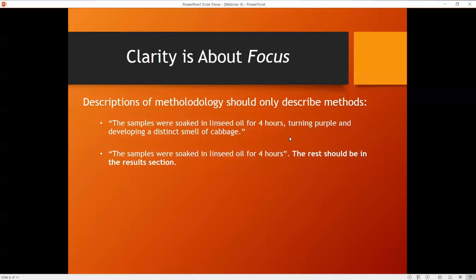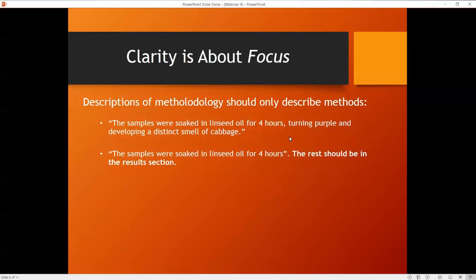So the correct way to write it would be: the samples were soaked in linseed oil for 4 hours. And you can notice one really important thing about that sentence: it's short. It's short, it's clear, there's no way of misinterpreting that.